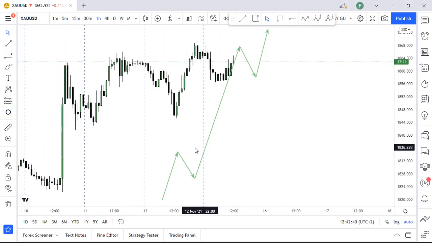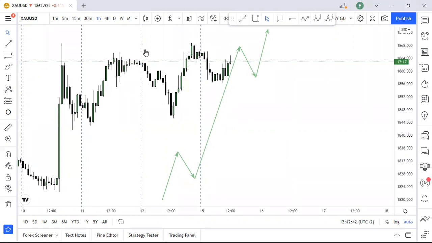So we have 1, 2, 3, 4, 5. Since 5 is the longest, that means it has been extended. So now it's no longer a normal 1, 2, 3, 4, 5 wave. In the fifth wave, it also has another 5 waves, which will make the trend keep on going and going.